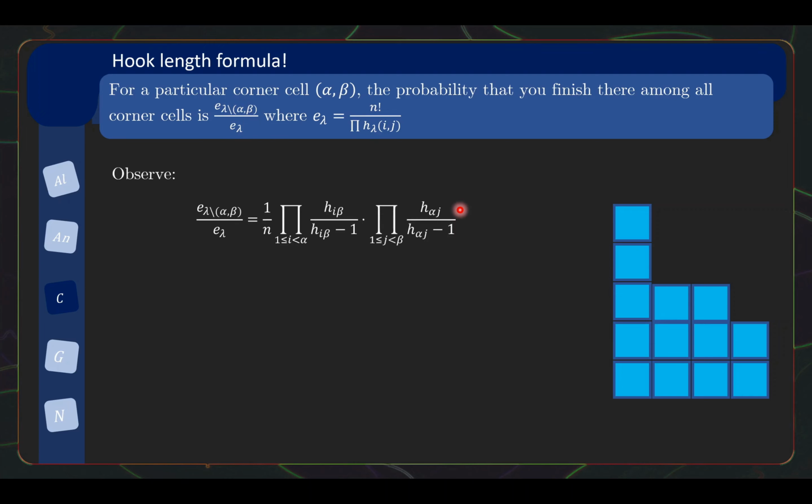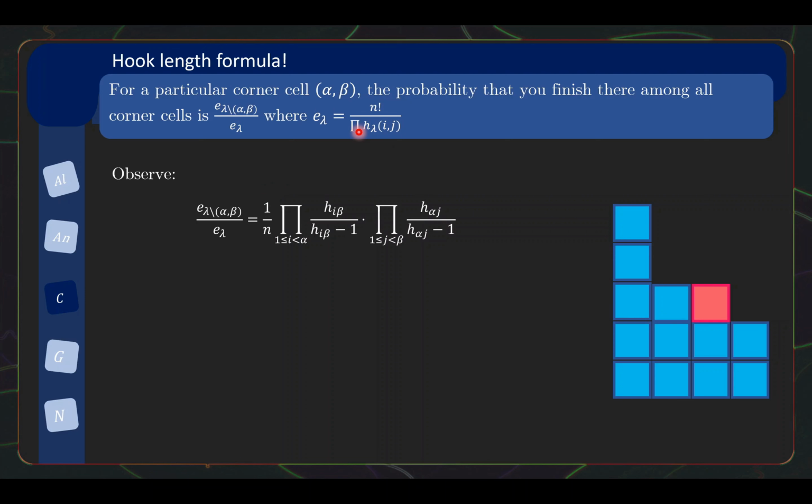This ratio can actually be written by this formula. It looks a little confusing, so let me explain how it is obtained. If you take the ratio, firstly, the top will have n minus 1 factorial instead of n factorial, whereas for E lambda, this is n factorial. So the factorial part in the ratio becomes 1 over n.